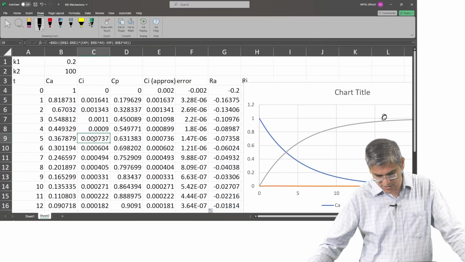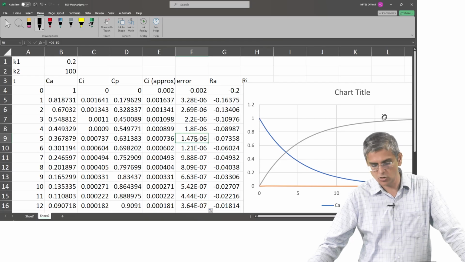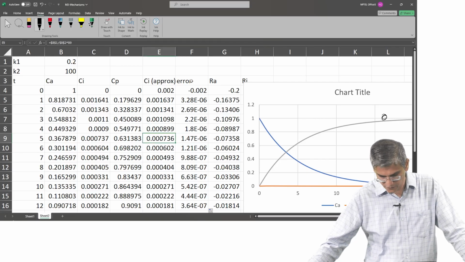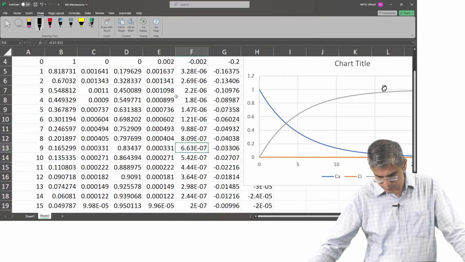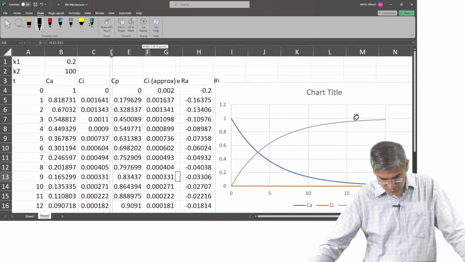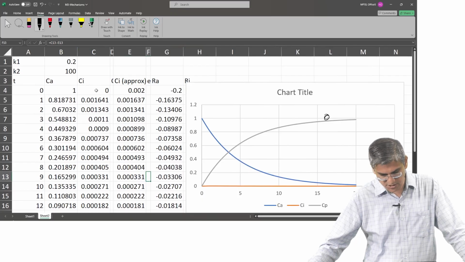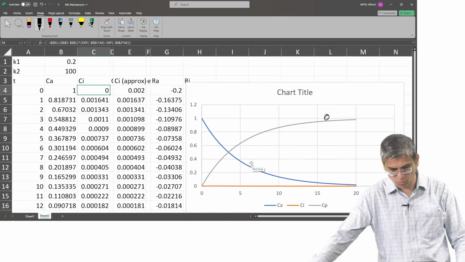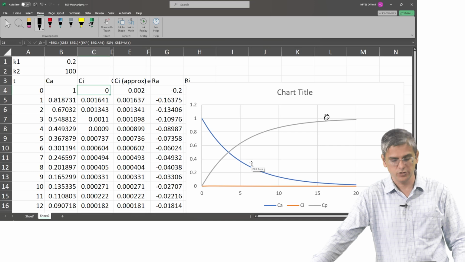So, Ci is 10 to the power minus 4, the error is 10 to the power minus 6, 2 orders of magnitude lower error. So, if you compare, for example, let us just hide this. Let us just compare Ci that you obtained by solving 2 equations versus Ci that you obtained by solving 1 equation.